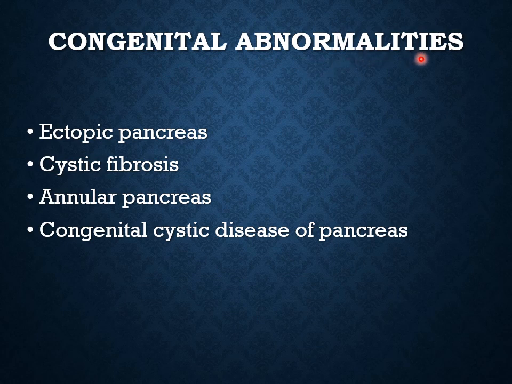Ectopic pancreas, and cystic fibrosis, which is a common disease in the West but rarely seen in our patients. Annular pancreas, where the pancreas splits and surrounds the second part of the duodenum, and sometimes this can cause compression and duodenal obstruction. And congenital cystic disease of the pancreas.